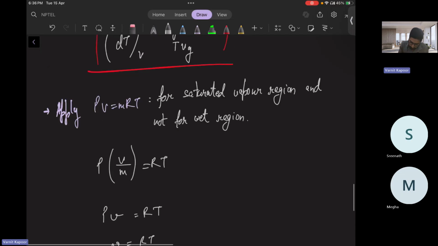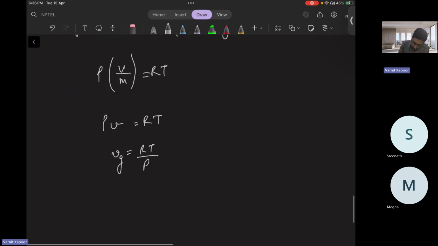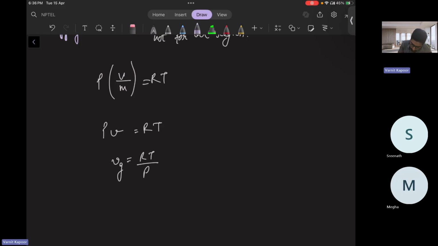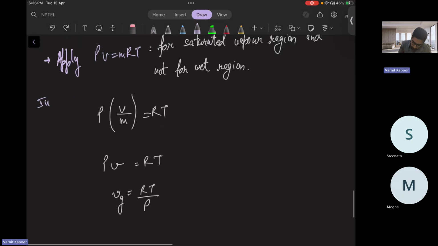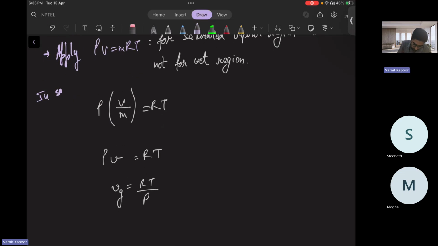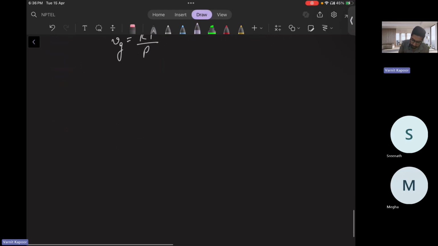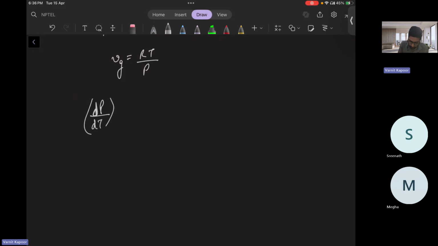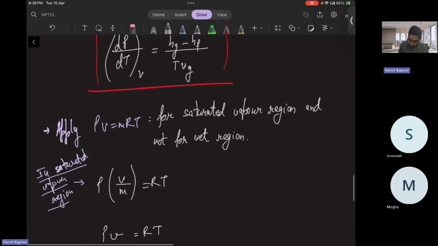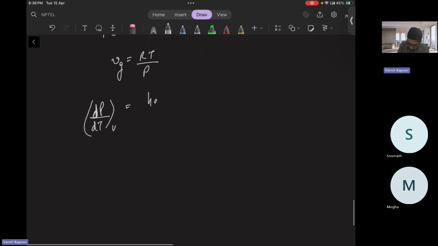So put that vg in the above relation, in the saturated vapor region. dP by dT at constant volume is nothing but hfg by T vg, that is hg minus hf by T vg.